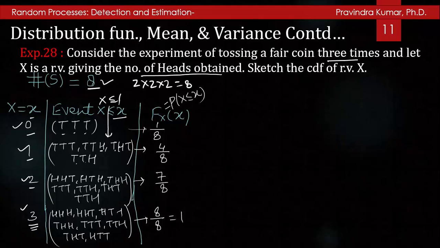So there are a total of 4 different ways, and the total number of ways is 8 here, the total number of sample points.